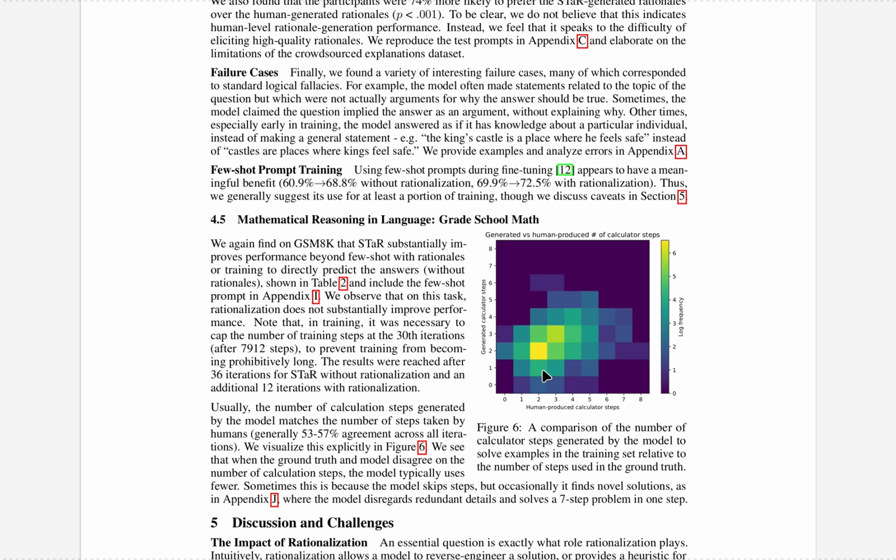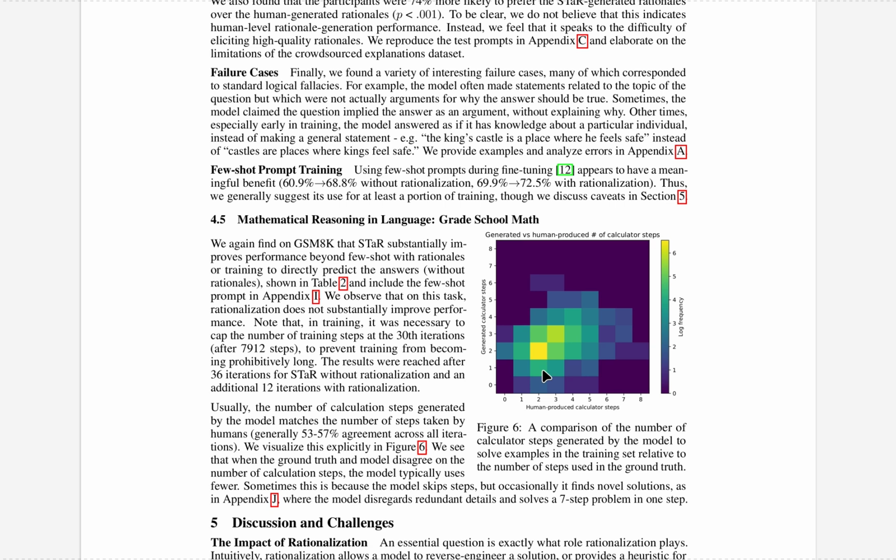4.5 Mathematical Reasoning in Language: Grade School Math. We again find on GSM8K that STaR substantially improves performance beyond few-shot, with rationales from training, to directly predicting the answers without rationales, shown in Table 2, and we include a few-shot prompt in Appendix I. We observe that on this task, rationalization does not substantially improve performance.